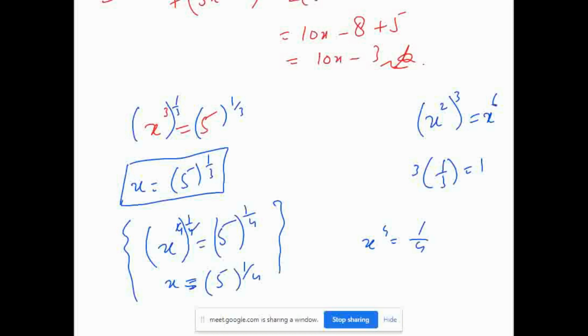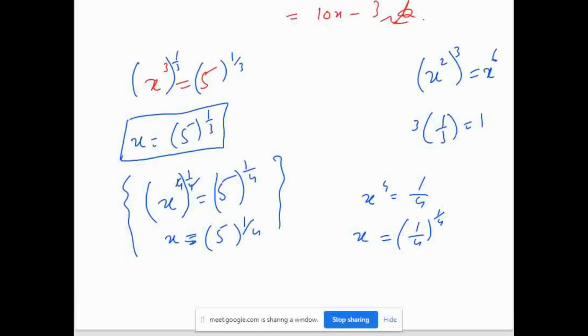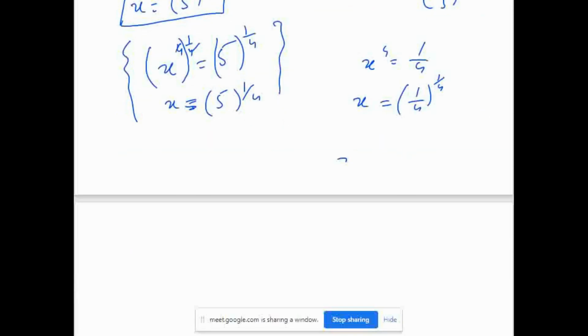You have to take the power of 1 by 4, so this will be x is equals to 1 by 4 whole power 1 by 4. So what does it mean? It means that 1 power 1 by 4 and 4 power 1 by 4. What will be the final answer? What's the answer in the book?